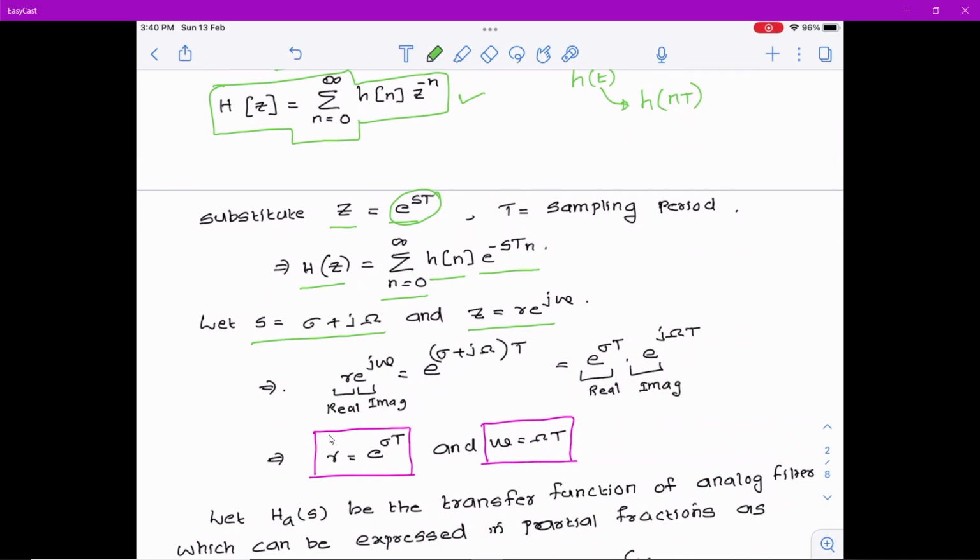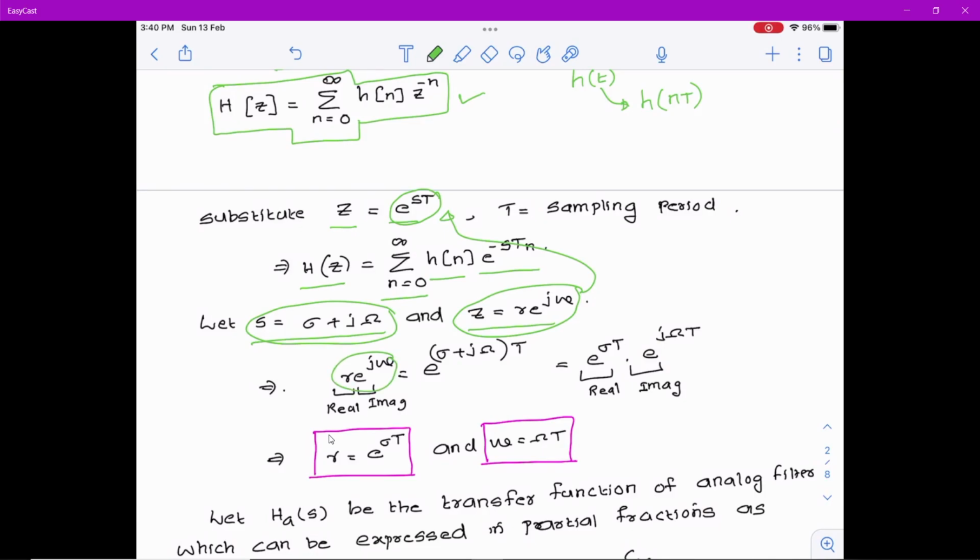Now when you substitute these two into the equation z is equal to e raised to sT, the left hand side z is r e raised to j omega.